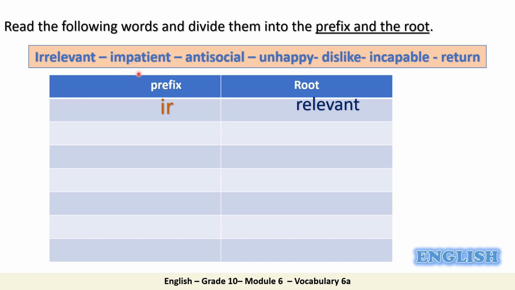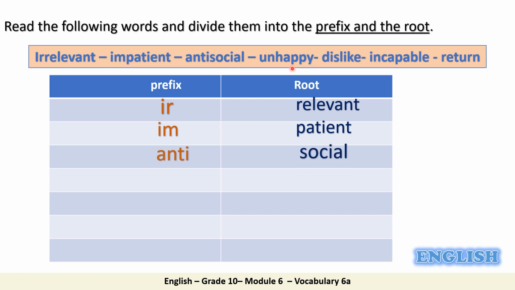And now let's start. The second word is impatient. So the prefix is, can you say? That's correct, and the root of this word is patient. Antisocial. So what is the prefix here? It's anti, and the root is social.